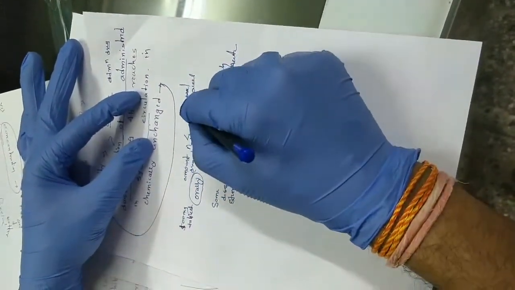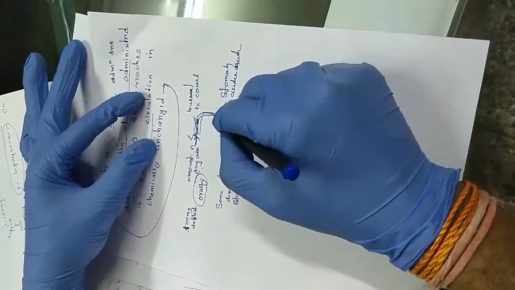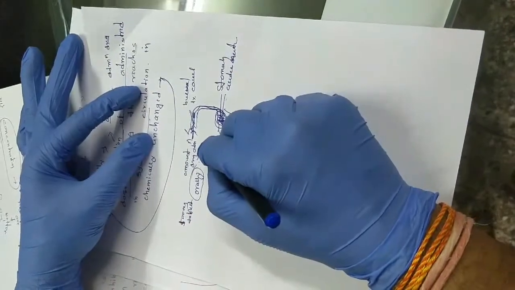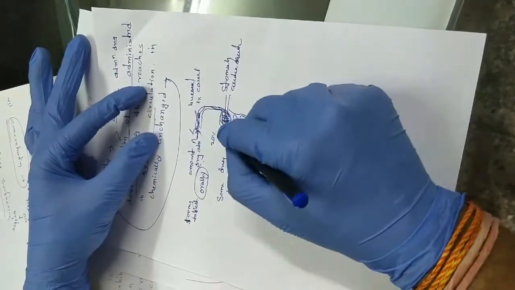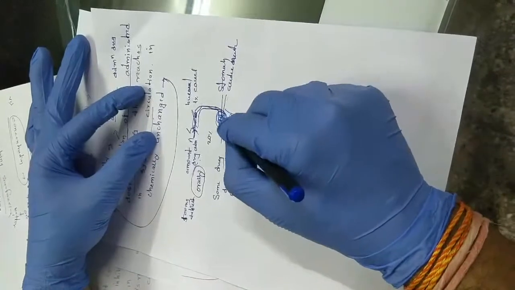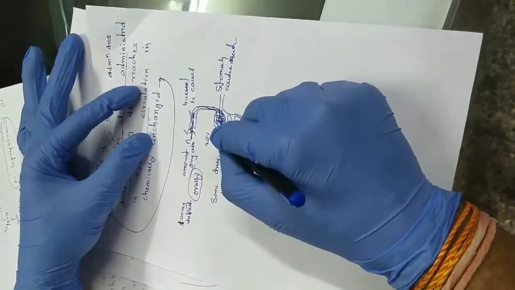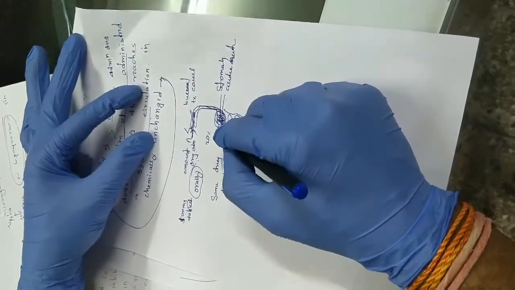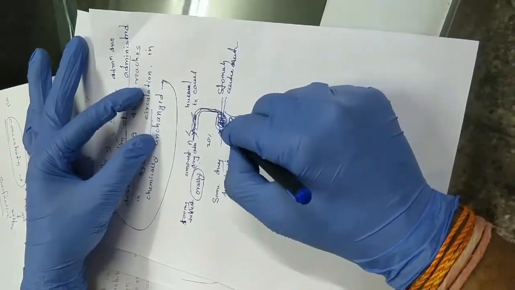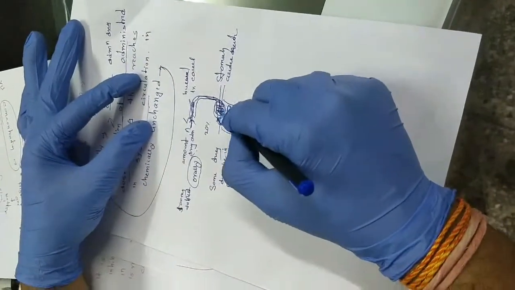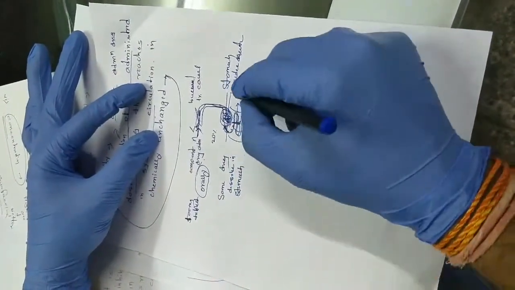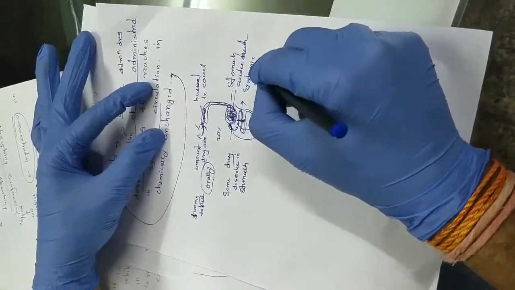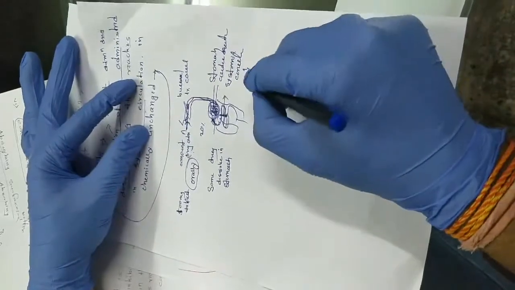Some loss here 1%, some loss here 20%. It goes from the stomach to the duodenum, followed by the jejunum, part of the small intestine, and then reaches the systemic circulation in unchanged form.